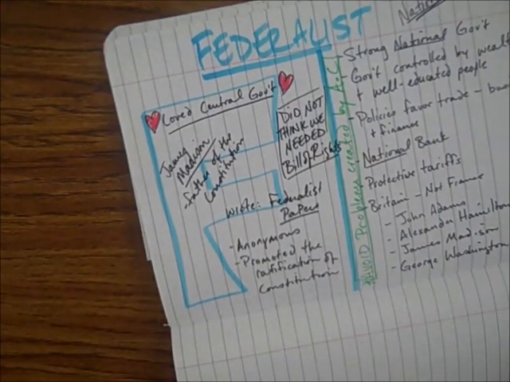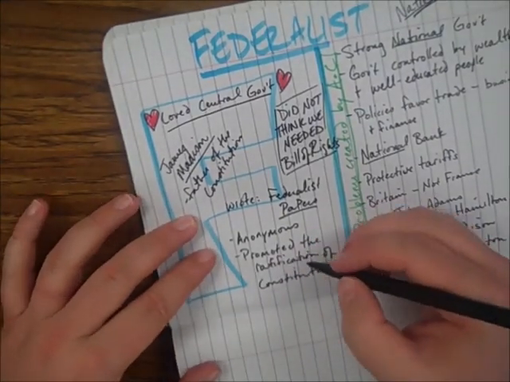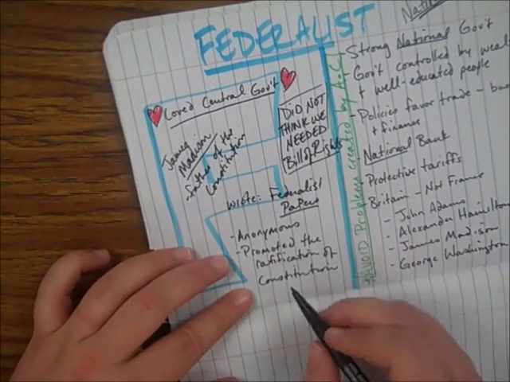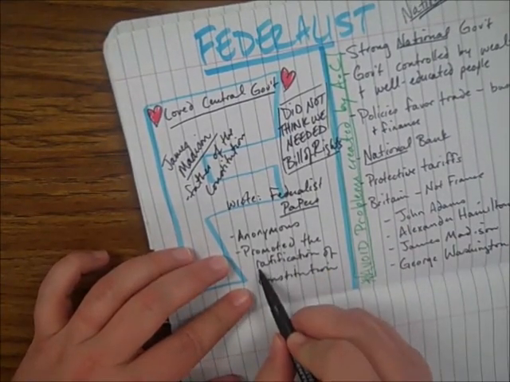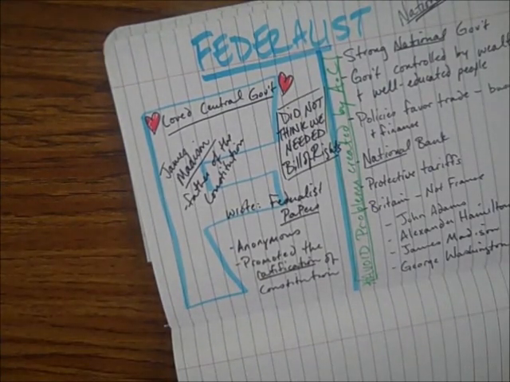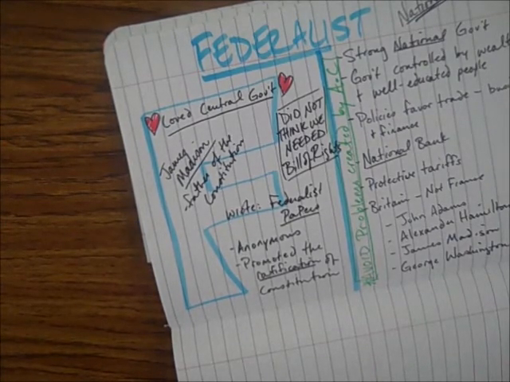So the purpose of these, they were anonymous, promoted the ratification, and it was all to support the ratification of the Constitution. The agreeing to. Remember, the word ratify means to agree. So that was their purpose.